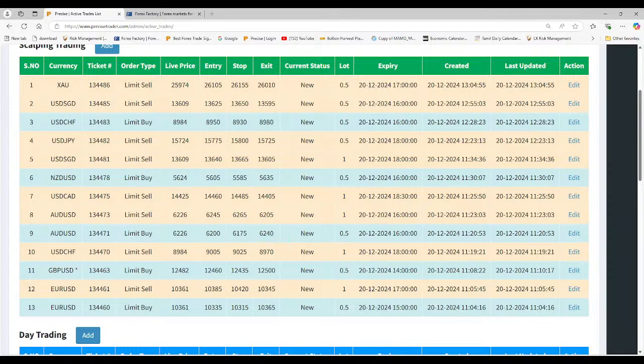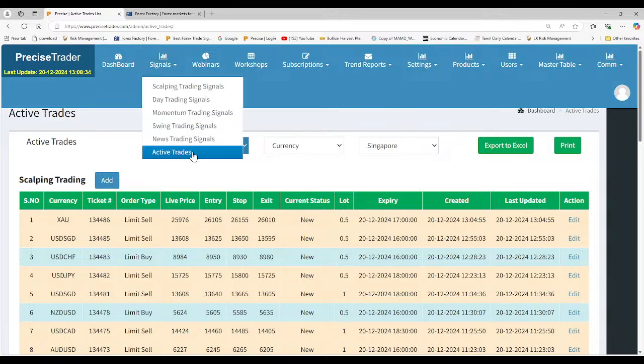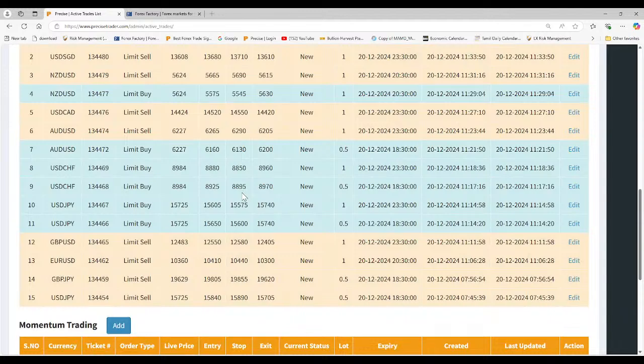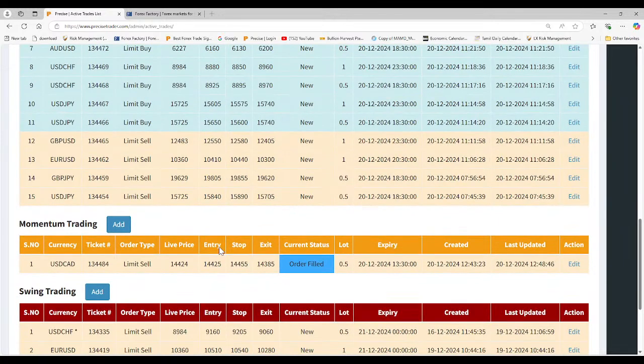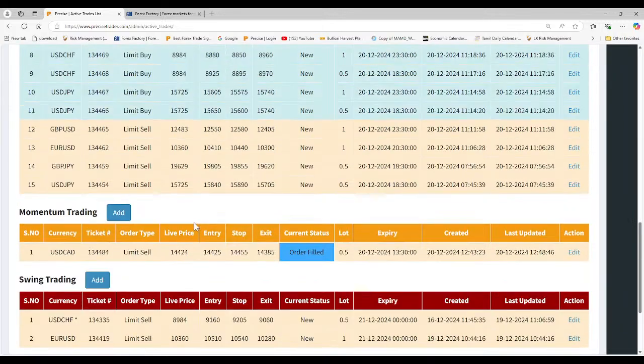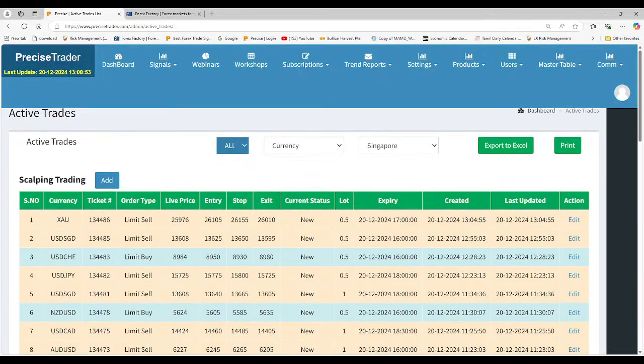Now, of course, it's all free. We are doing it this way because we also want to share and prove the system, that our system is very unique. If you notice, we have created how many signals. This is 13, and here about 15, 28, 29, almost like 30 signals within an hour.